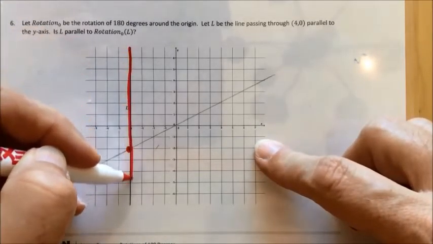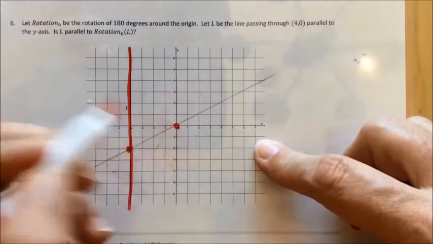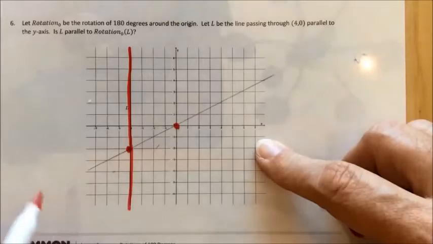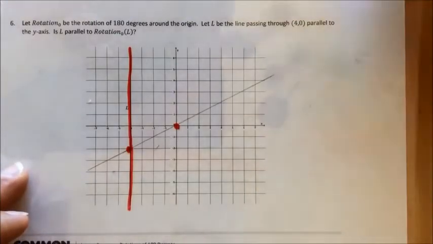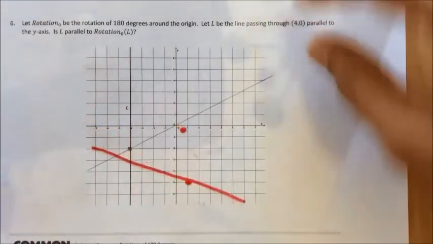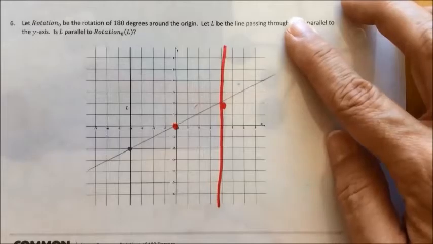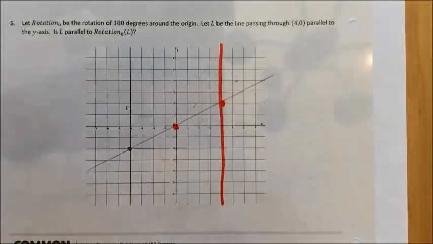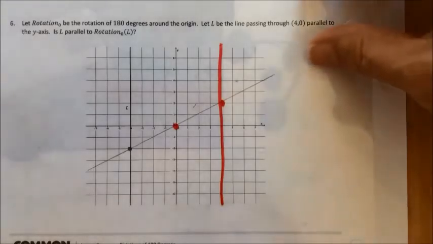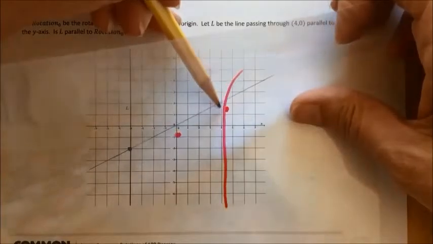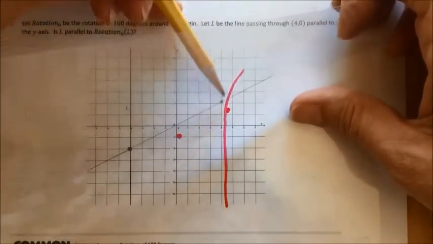There's my line, my point of rotation, and I know that this point is going to have to lie on this line somewhere. It has to be collinear. So I'm going to just rotate until that point matches up to the line. I'm getting there. And there it is right there. And then I could draw the line. I could have predicted the coordinates of this point. So there's my point on the line.